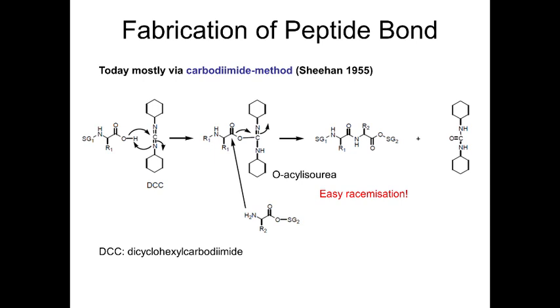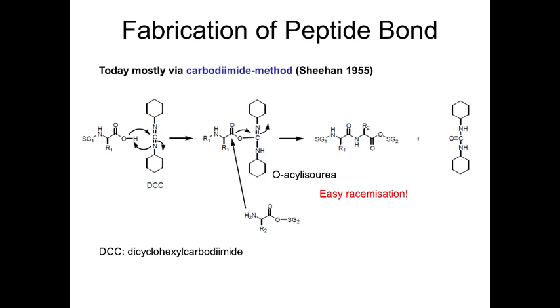In this case, the dipeptide is shown, as you can see on the right hand side, and as a side product we have now formed dicyclohexyl urea, or DCU is the abbreviation.